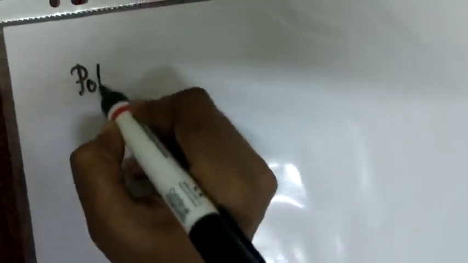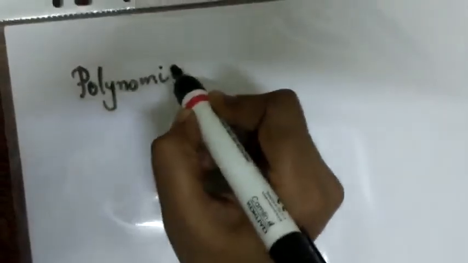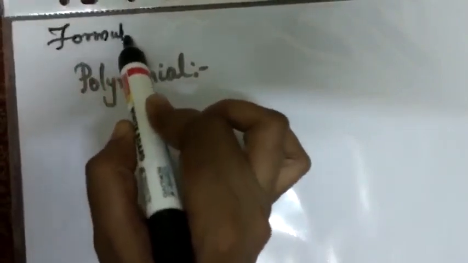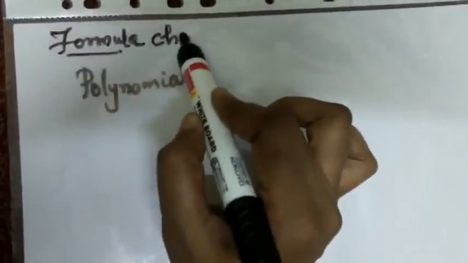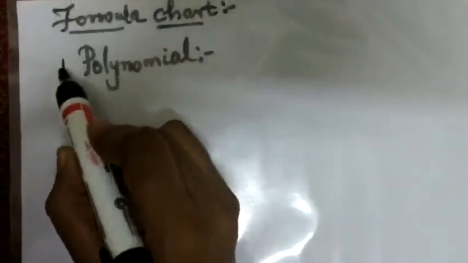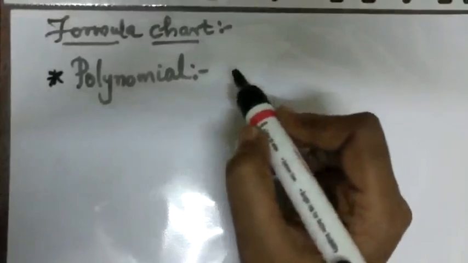So before starting our class, let's do a small recap. What do you mean by polynomials? A polynomial is nothing but an algebraic expression whose all exponents are whole numbers, right? So this will go in your formula chart, because in the formula chart we will be maintaining all the key important points neatly so that near the exam you can just go through the formula chart and get the whole gist of the chapter. So our first point to be noticed is whether the given algebraic expression is a polynomial or not. To be a polynomial, what is the key point? Let's not write all sentences.